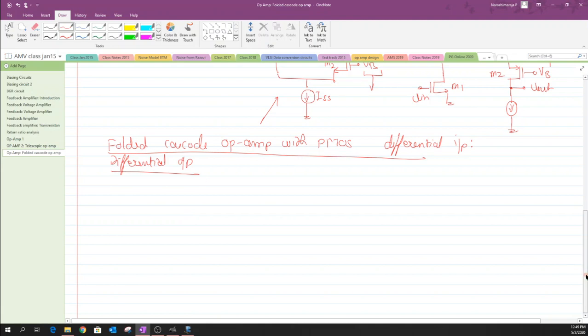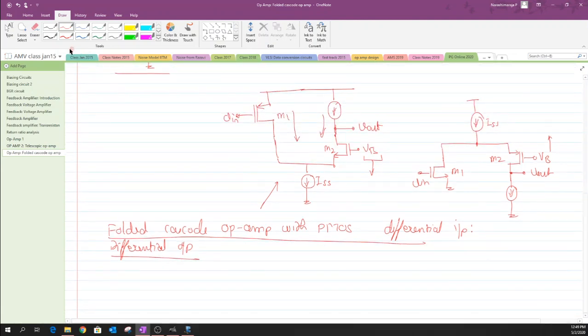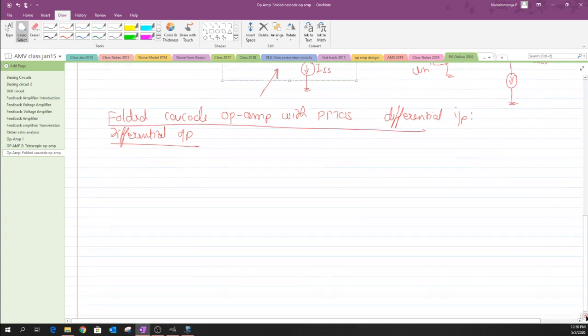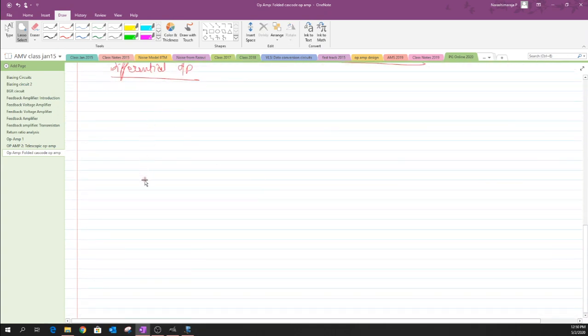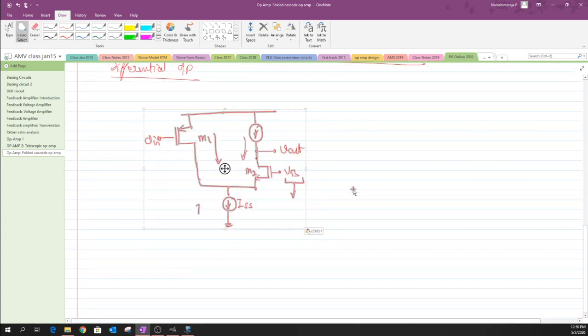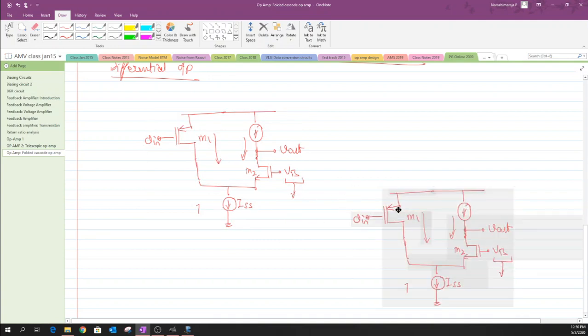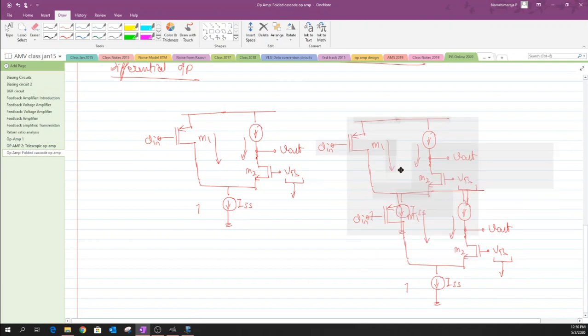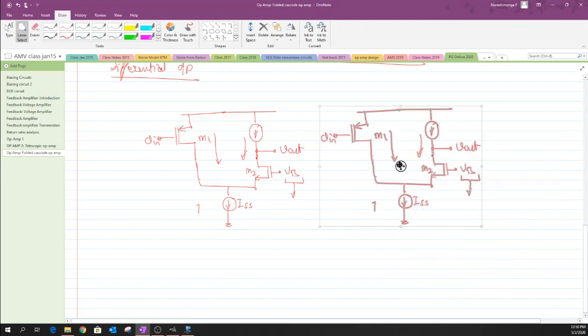So let me grab one of the images, just copy it, and paste it. And let me also create one more.